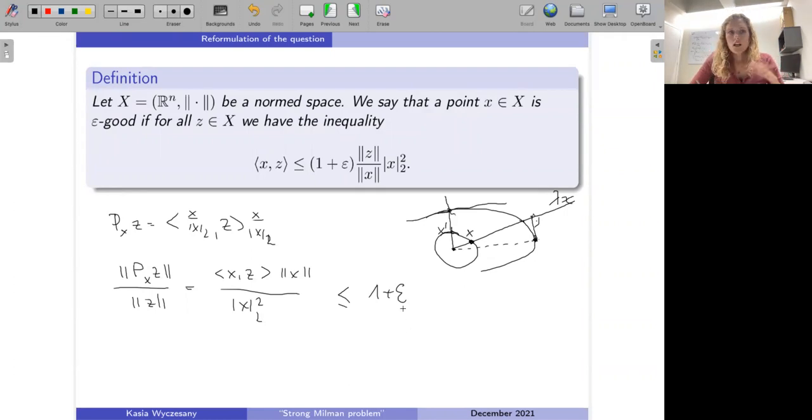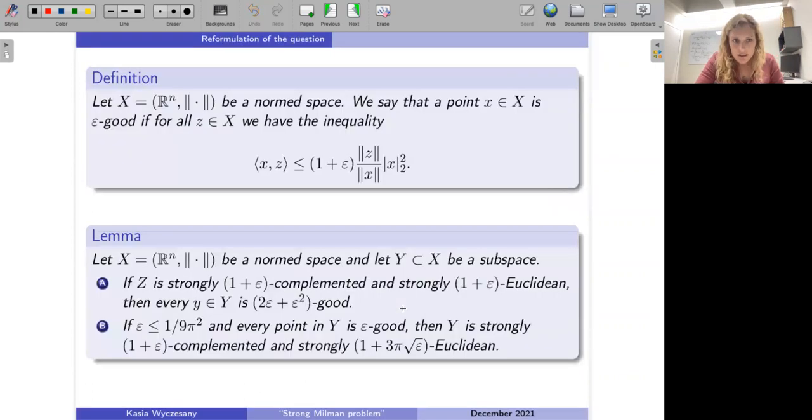Okay, so why this condition? This condition is great because we have the following lemma. If you have a normed space X, then there is this equivalence here.